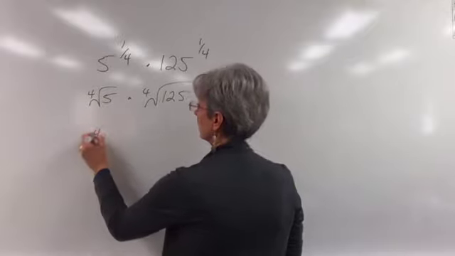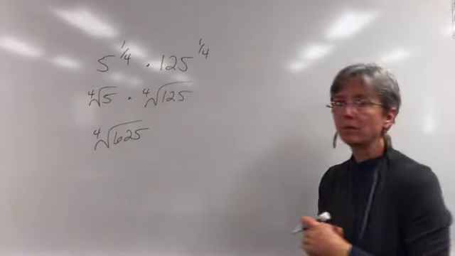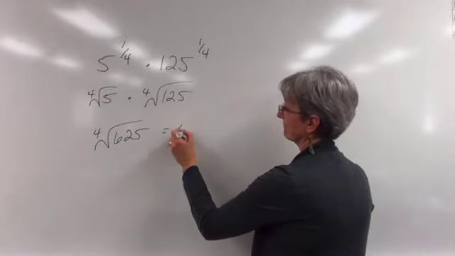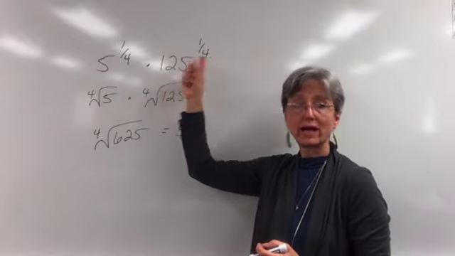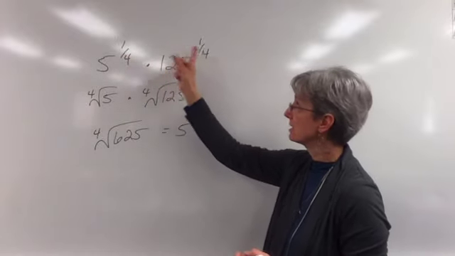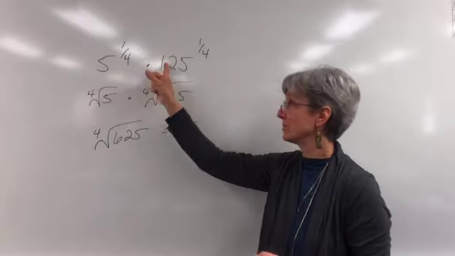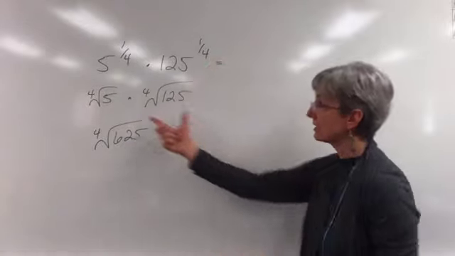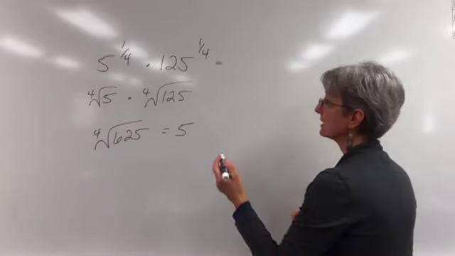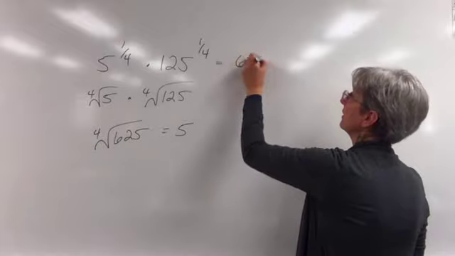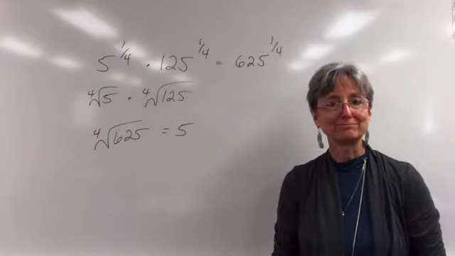So we have the fourth root of 625, which happens to be 5. If we're just dealing with these rational exponents, because these are both 1/4, I can multiply 5 times 125, just like I could multiply these because the indexes were the same. And I still get 625 to the power of 1/4, which is 5.